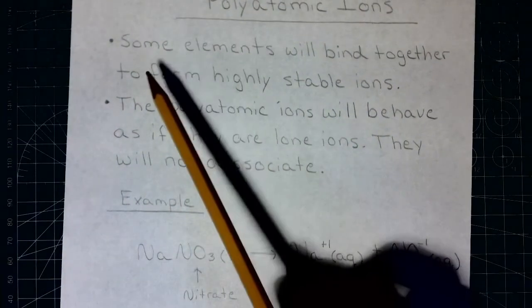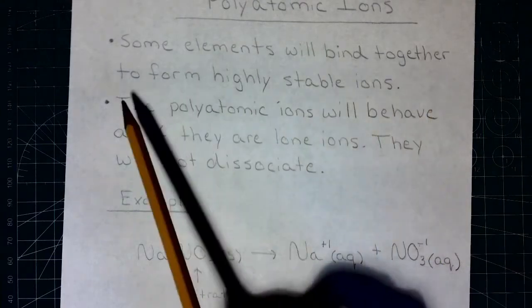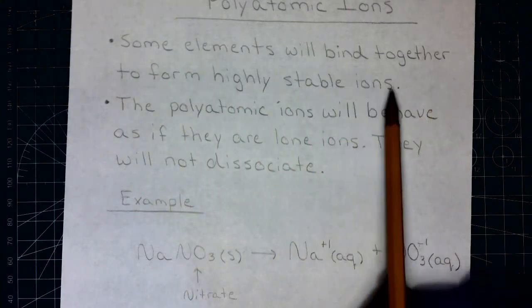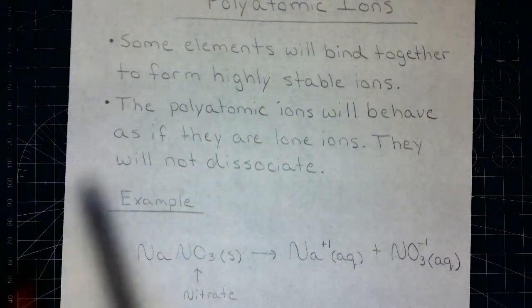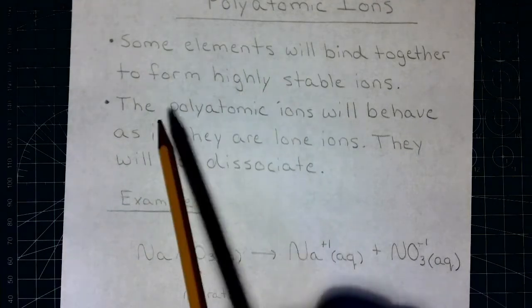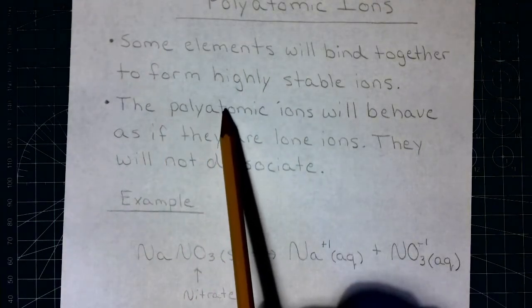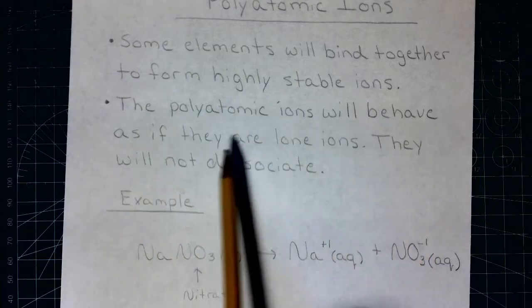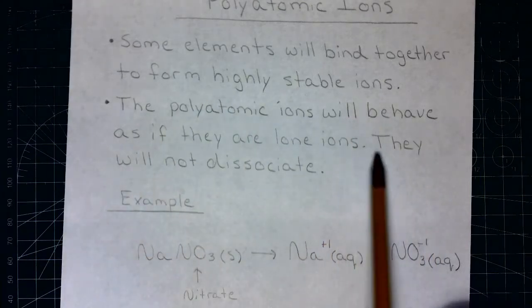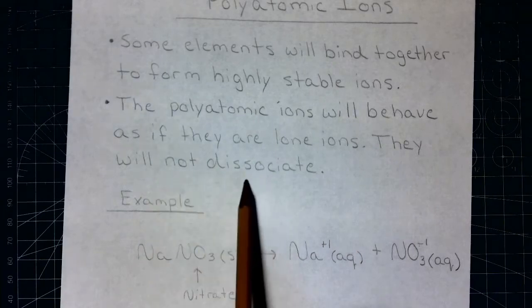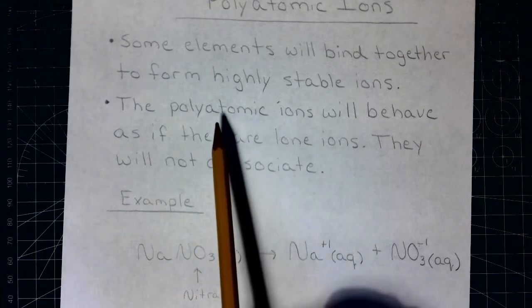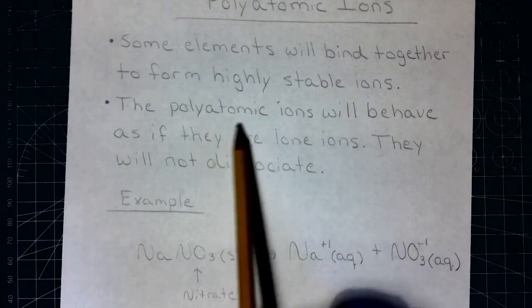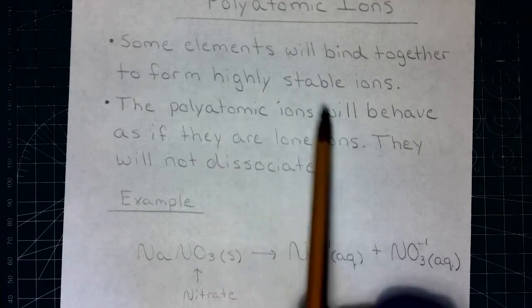So some elements will bind together to form highly stable ions, as like a group. These are the polyatomic ions. The polyatomic ions will behave as if they are lone ions. They will not dissociate into those individual atoms.